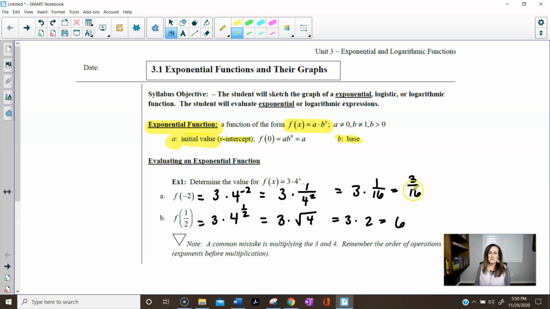So I'll highlight both of those, 3/16 and 6. Here's just a reminder that a common mistake is to multiply 3 and 4 together. Remember, order of operations tells me exponents before multiplication. Let's look at the next problem.